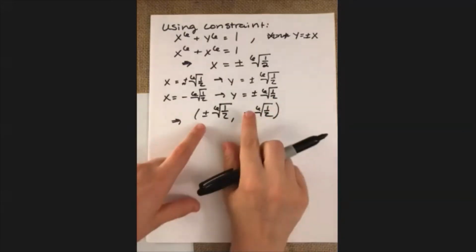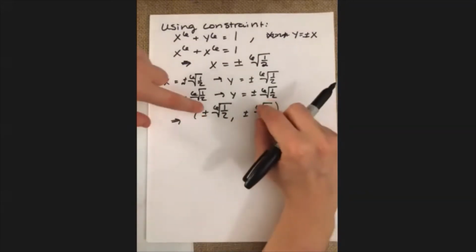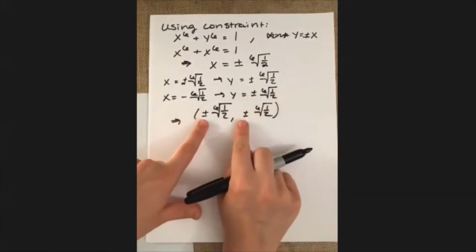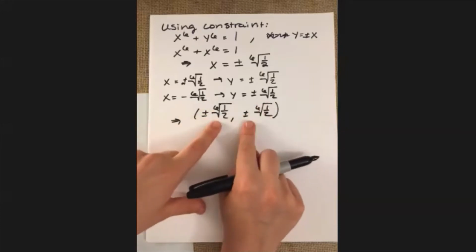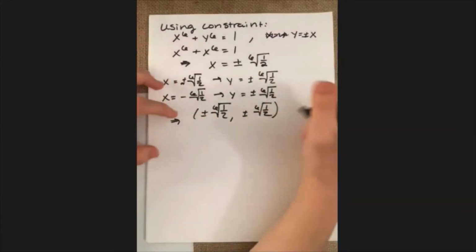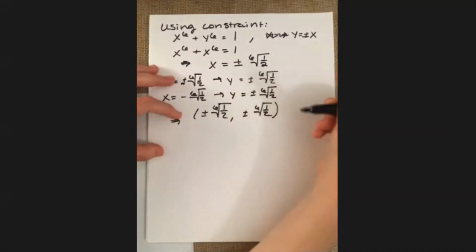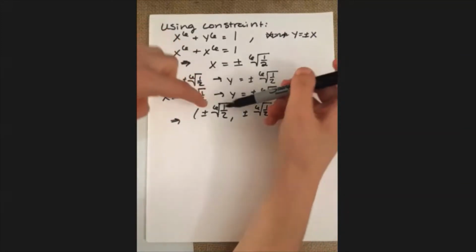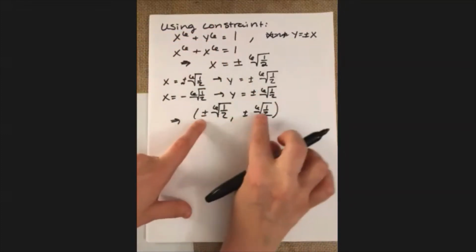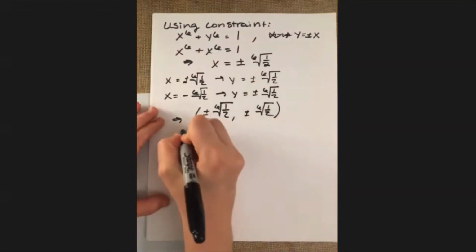And what this does, when these two align, so we have the plus on top and the minus on top, and the plus on top and the minus on top, when those look the same, it means that they're either both positive or they're both negative. Okay? So this is 2 critical points, or 2 constrained critical points. The ones where we have positive 6th root of 1/2 and positive 6th root of 1/2, or negative 6th root of 1/2 and negative 6th root of 1/2.